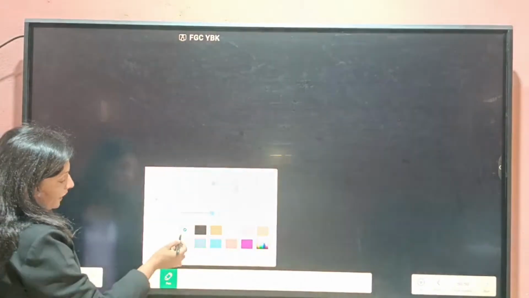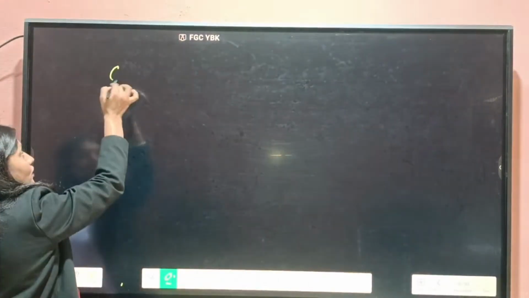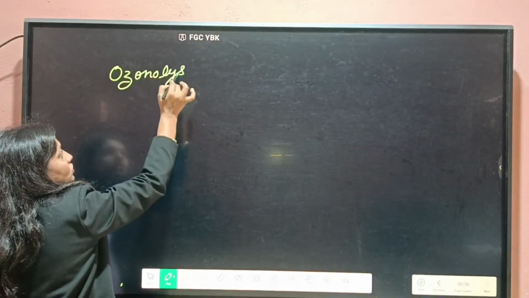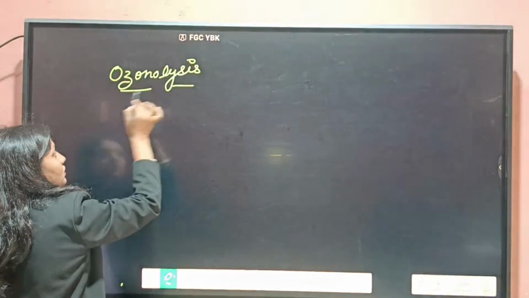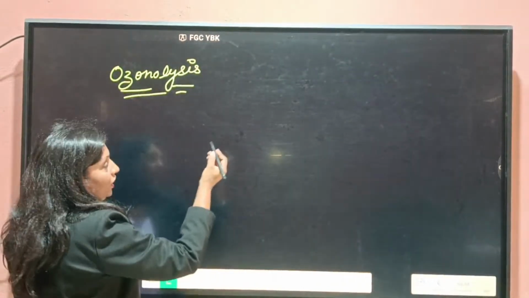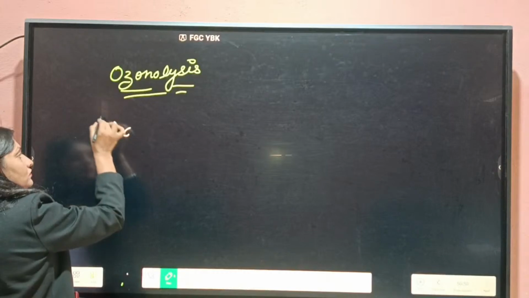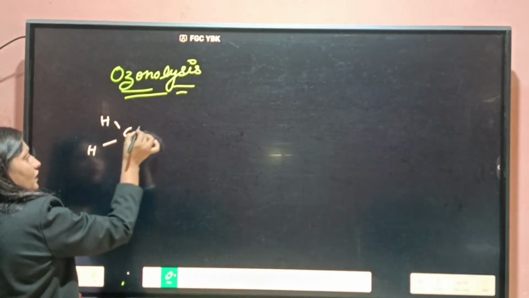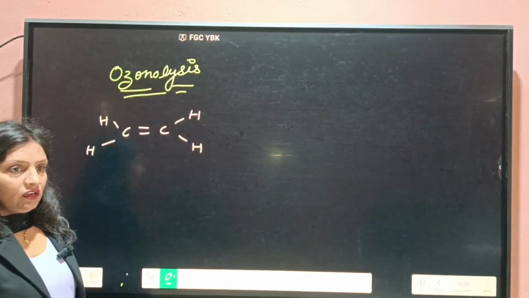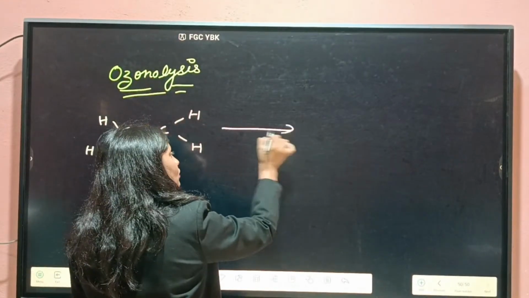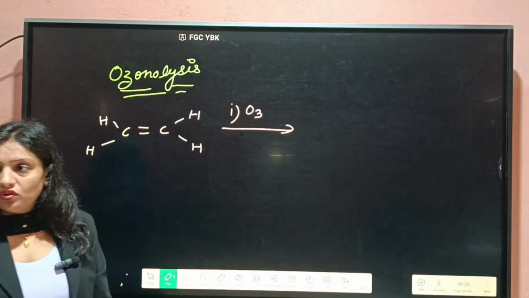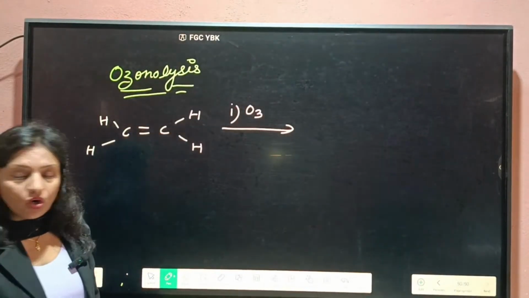Now one more reaction, it is an important reaction, ozonolysis. If you have alkene and you do ozonolysis, in first step you take ozone, O3. Ozone is O3.